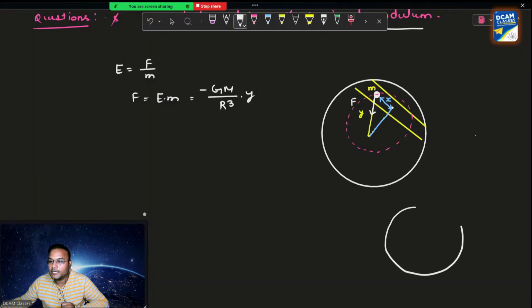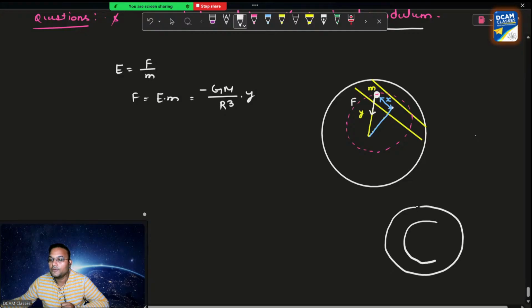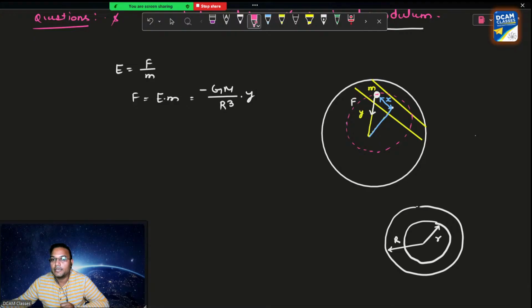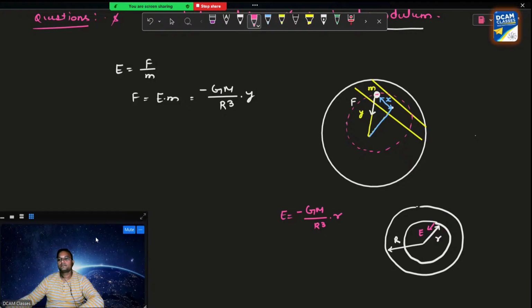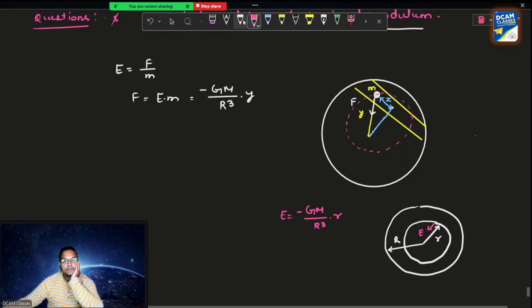If this is the earth, solid earth, and you want to find out the field at this point at a distance of r, if the radius of earth is capital R, then the field at this point is given by this formula. Field E is equal to minus G capital M by capital R cube into small r. This is the formula for solid earth.